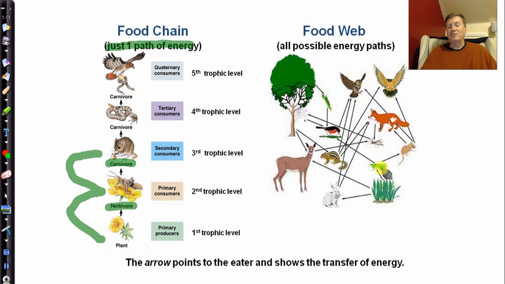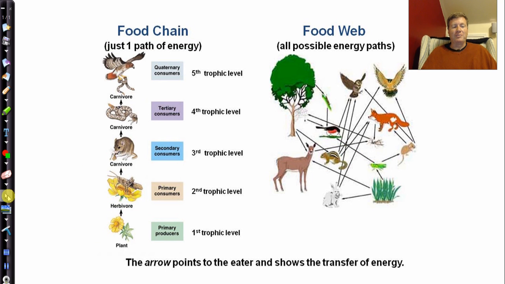This grasshopper is going to eat, in this case, just the grass, but several different things may eat it. Every time you see a line drawn here, that's showing you how energy is being transferred. So a food web is a much more realistic way of looking at food transfer, but it's also more complicated. This is an easier way of looking at trophic levels. This is a far more realistic, but far more complicated way of looking at those same transfers.